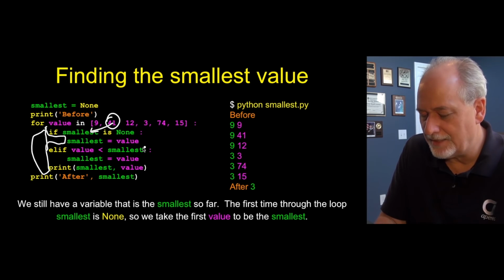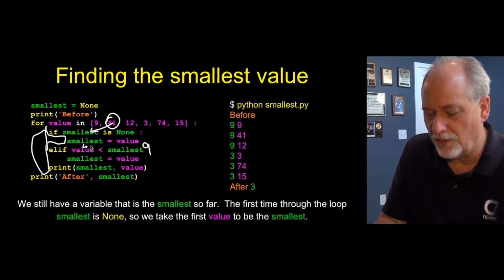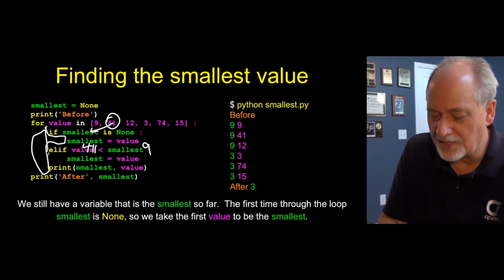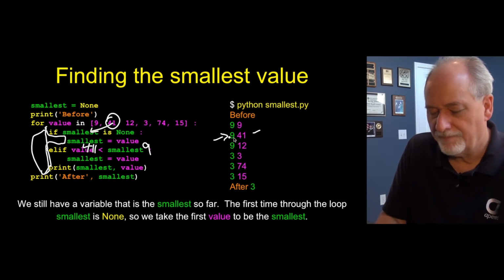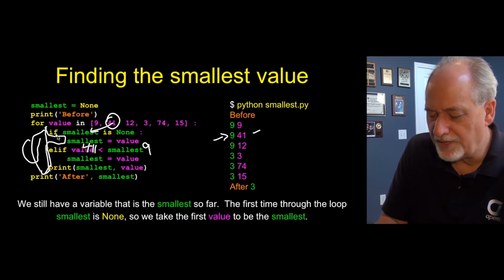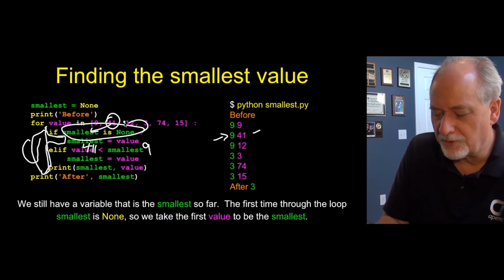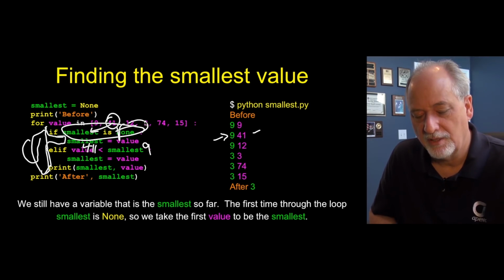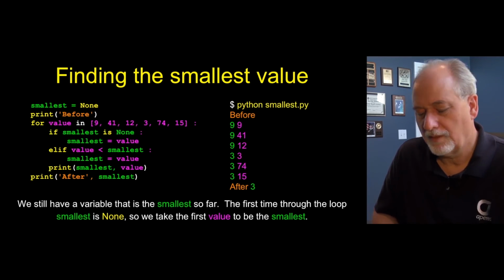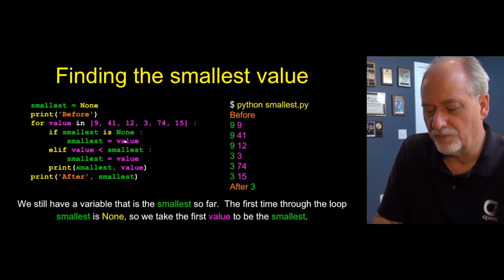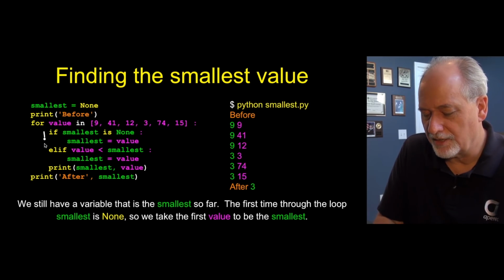Well, smallest is 9 in this case, and this is 41, so that's false, so it skips that and goes on. So we see 41, we don't take it, and you can see that this will never become true again. It's false for the rest of the iterations of the loop, so it just runs down here and asks this question.